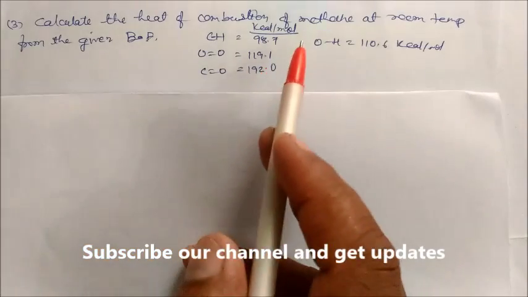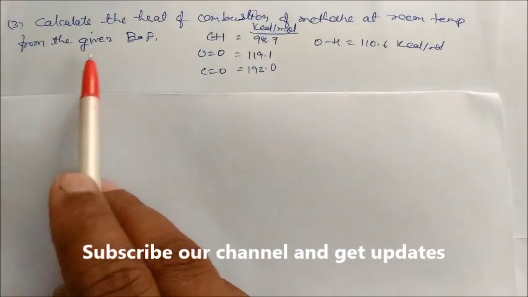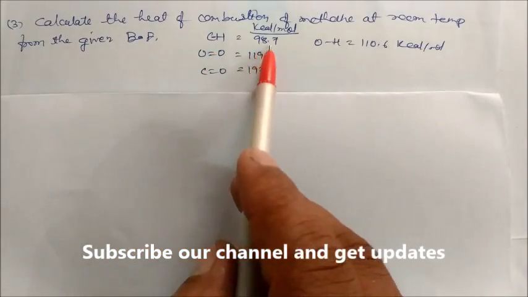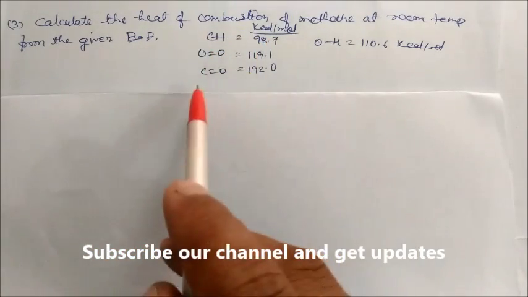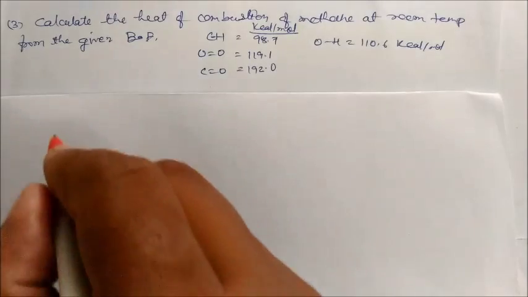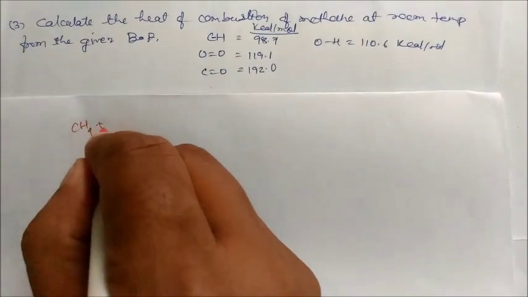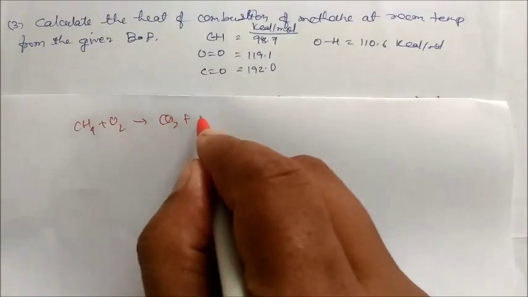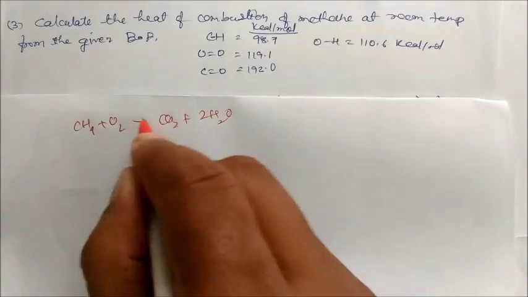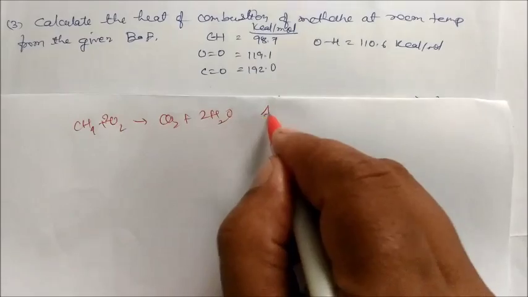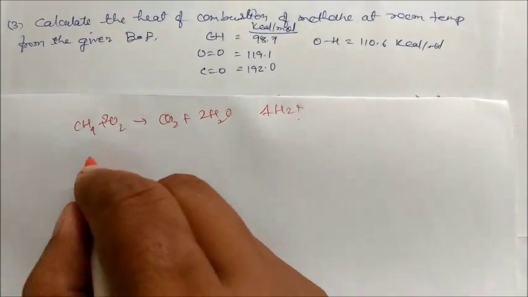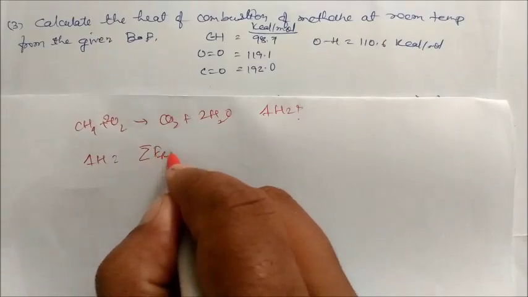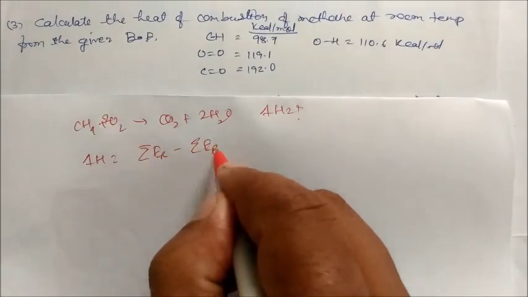Calculate the heat of combustion of methane at room temperature from the given bond energies. So C-H is given this much kilocalorie per mole, O=O given, O-H given and C=O given. So here CH4 plus oxygen will give you CO2 plus 2 molecules of water. So balance it. We have to find delta H. Delta H is nothing but the bond energy of the reactants minus bond energy of the products.